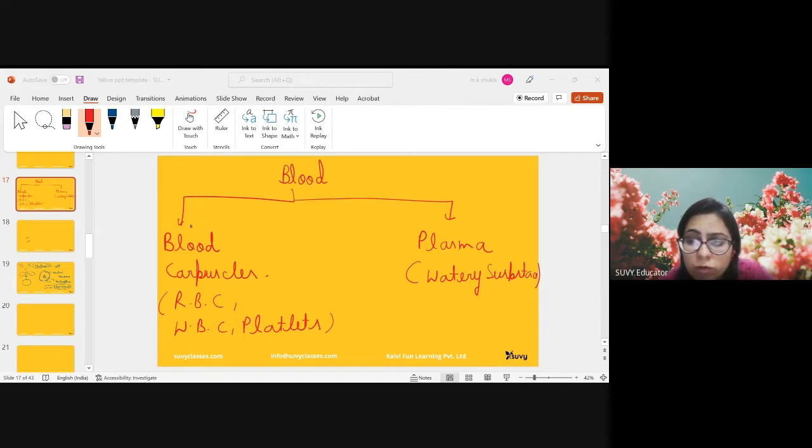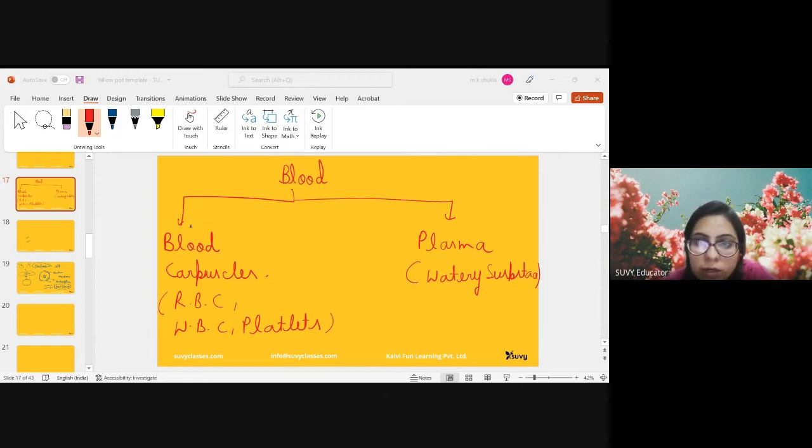Just like one policeman is there and the criminal is so powerful, the policeman needs some more force to fight with him. Just like that, when you take medicines, the white blood cells and medicines both combinedly fight with that coronavirus, and it will be removed from your body and you will recover faster. Clear? Now platelets.